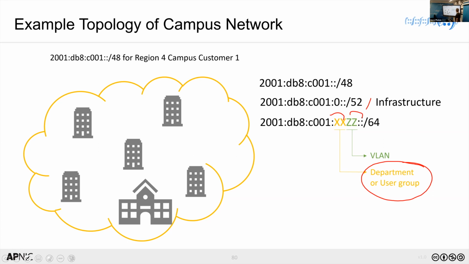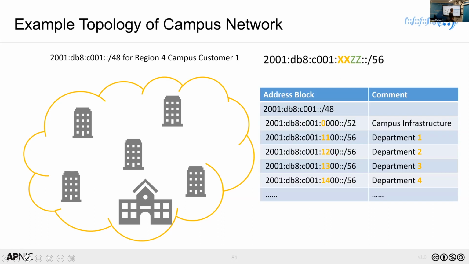My second 2 are for my VLANs. So I'm going to go and assign /56s for each department. Because I've already taken the 0 /52, we have to start at 1.